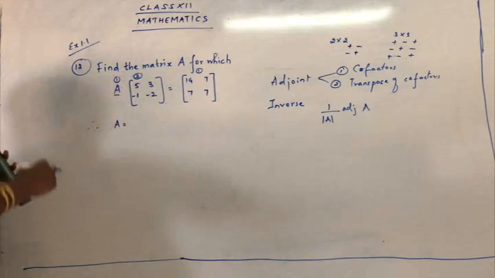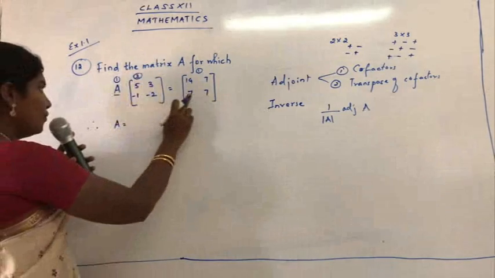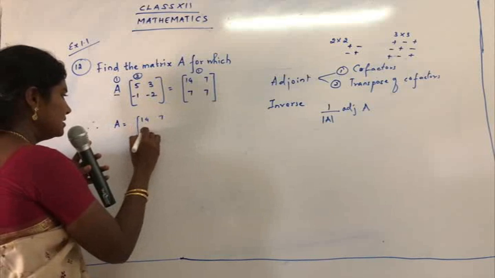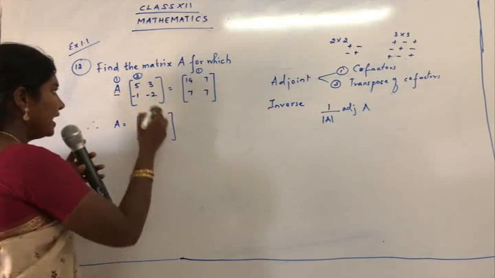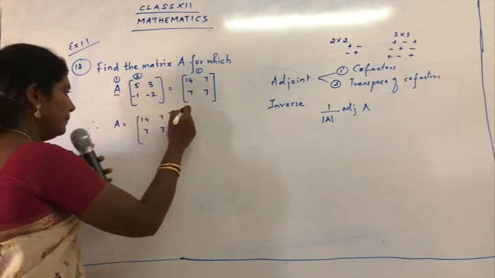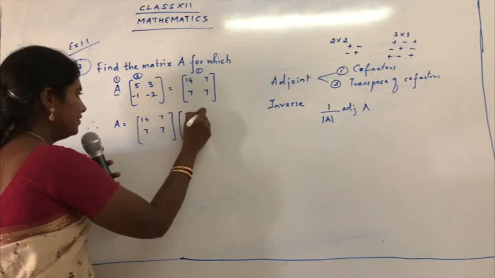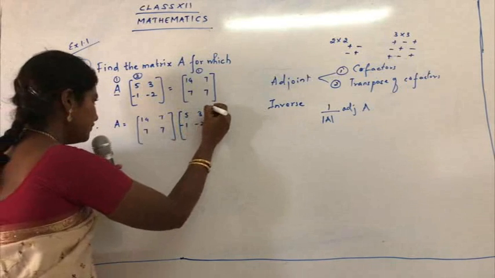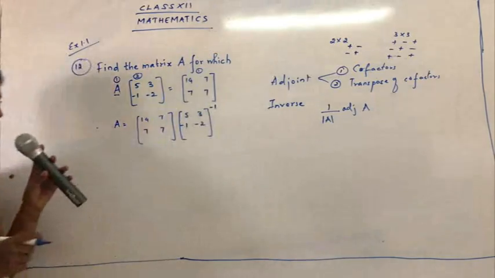So what is in first position here? 14, 7, 7, 7. And what is in second position? It's 5, 3, minus 1, minus 2. And one small change, we have to add its inverse.